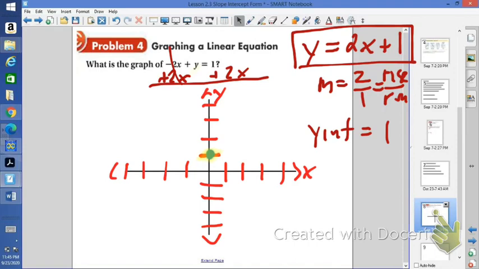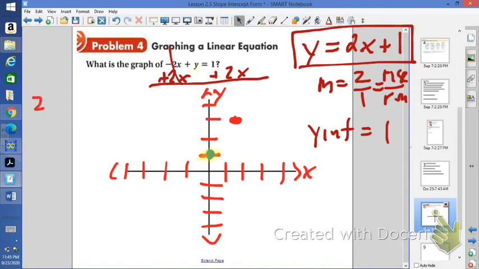Alright, so now we're here. And then we would have to go over 1. So it would put us there. So up 2 over 1 puts us there. And we could keep going if we wanted to. We can go up to create more points, but all you need for a line is 2 points.